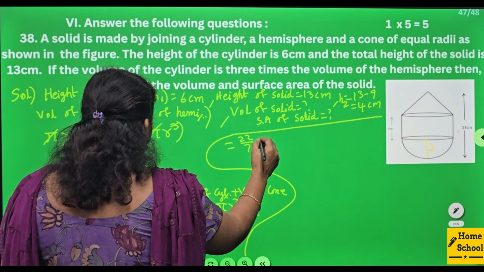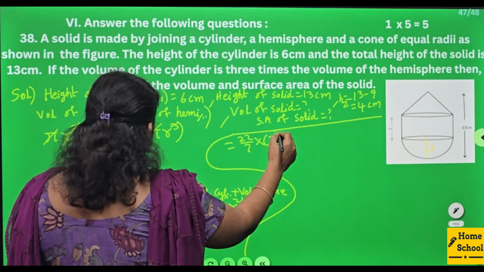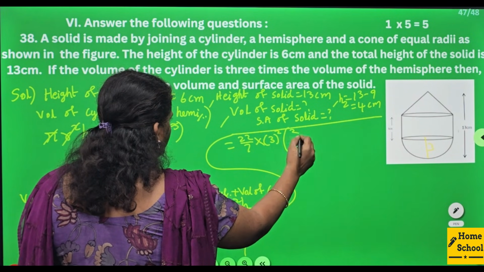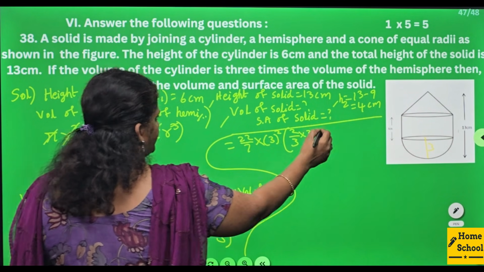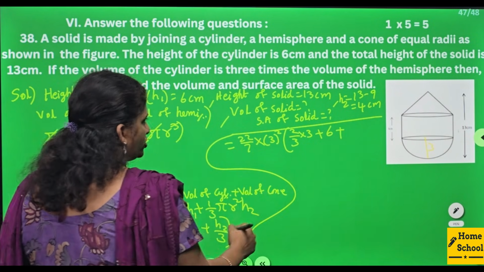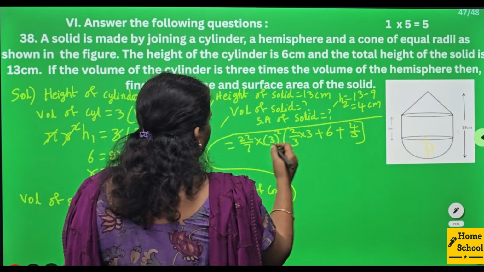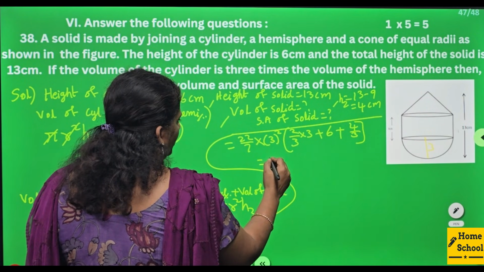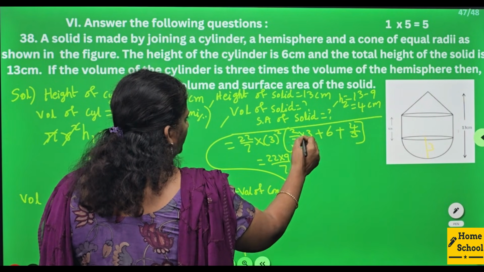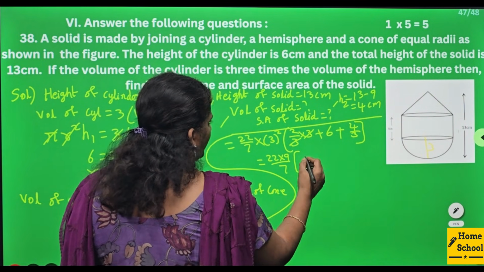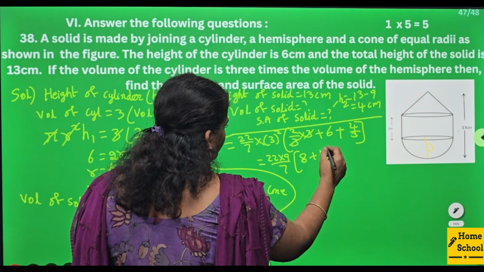22 by 7 into r square, 3 whole square, into 2 by 3 into 3 plus h1 is 6 plus h2 is 4 by 3. 22 into 9 by 7 into 3 cancel. 2 plus 6 will be 8. 8 plus 4 by 3.